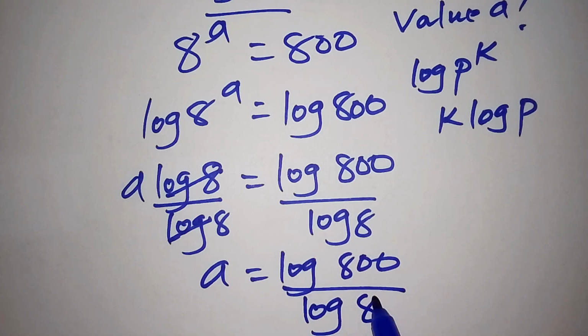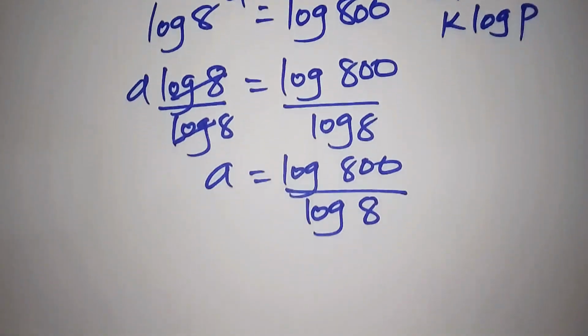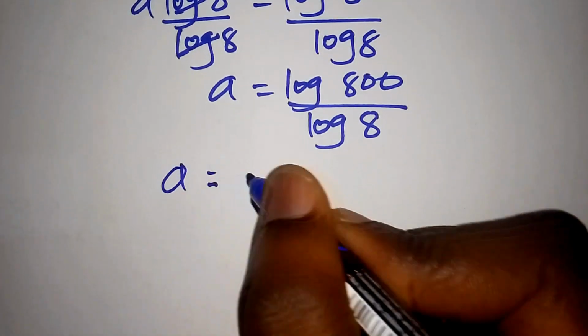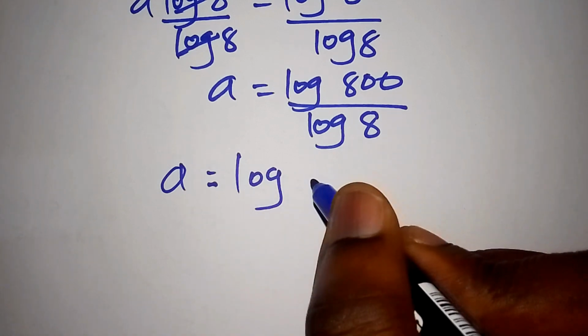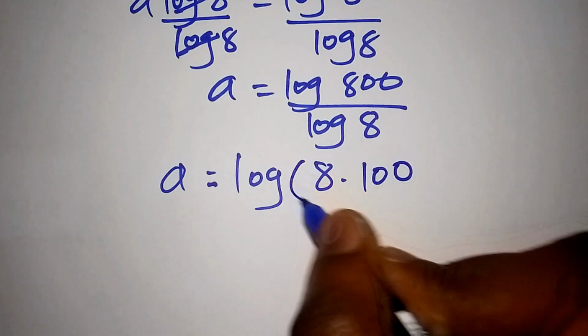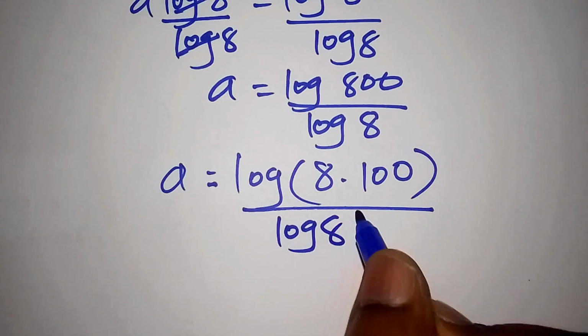Now we shall not stop there, but we shall proceed and factorize the log of 800 all over the log of 8. So how do we do that? This is how we work it out. Now a is equal to, the log of 800 can also be written as the log of 8 multiplied by 100, all over the log of 8.